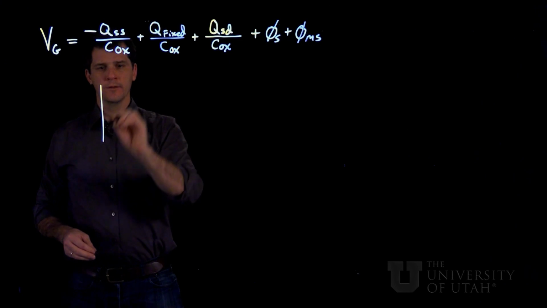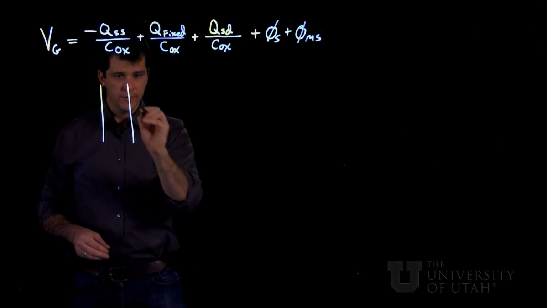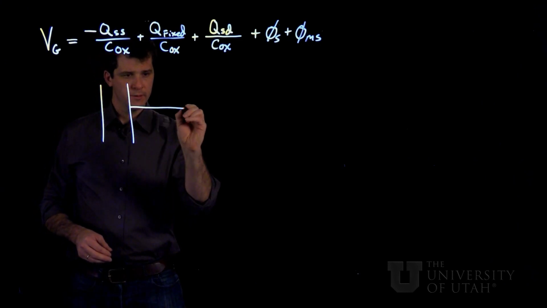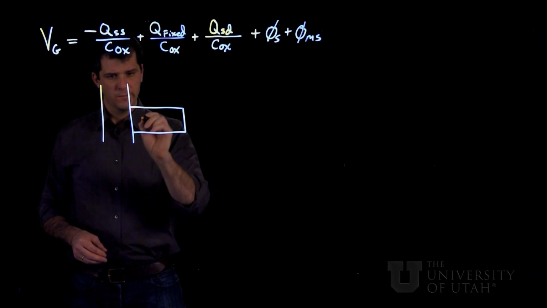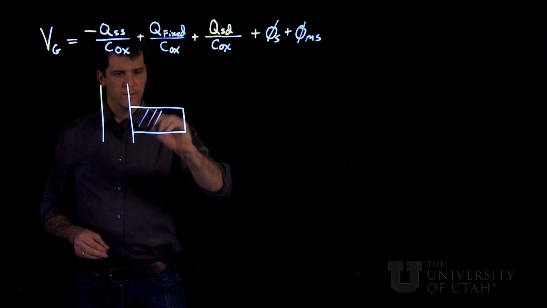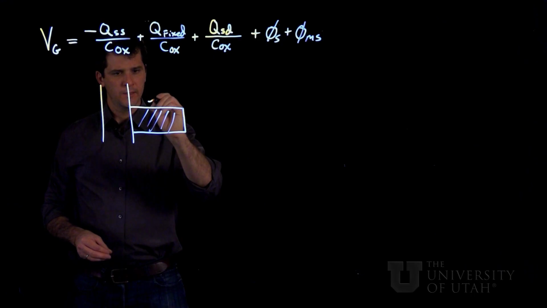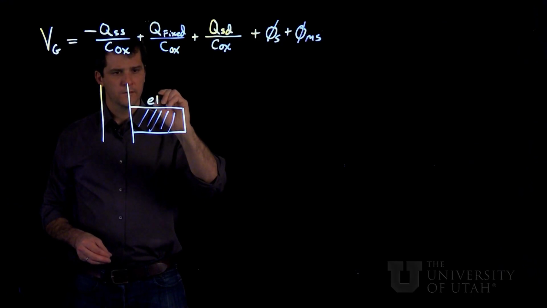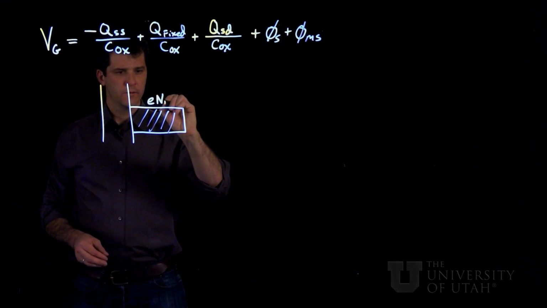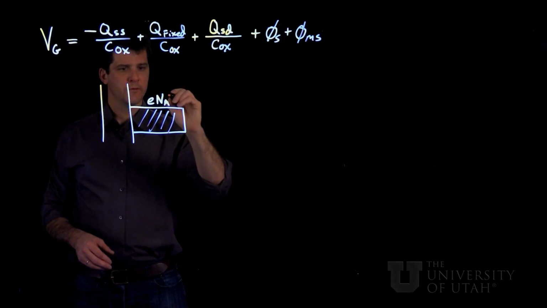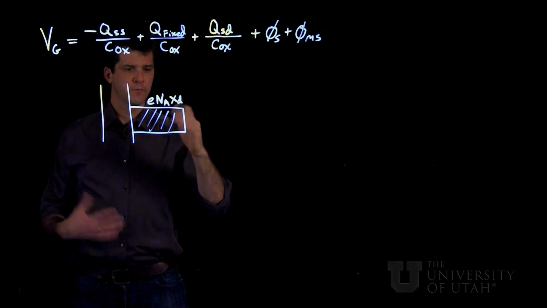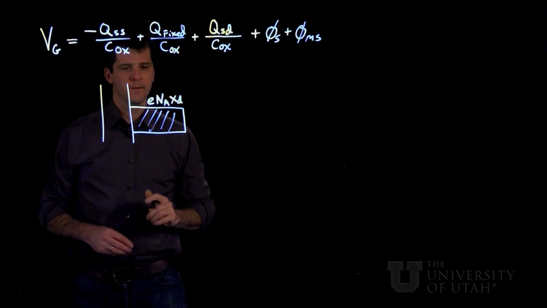So the last one is the charge associated with a depletion width in the semiconductor. So there's going to be a charge density here, which is given by q times the number of acceptors in a p-type substrate times x, the depletion width, the xd.